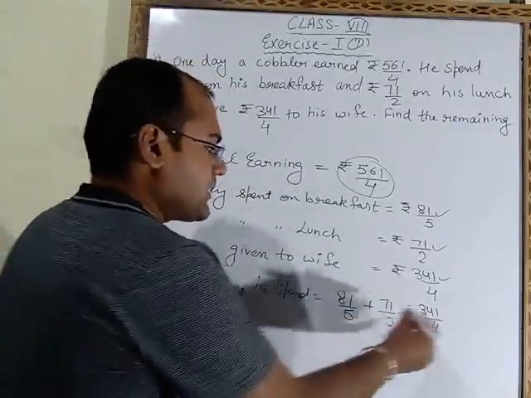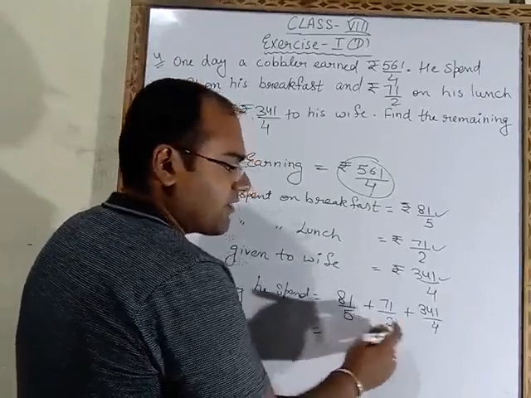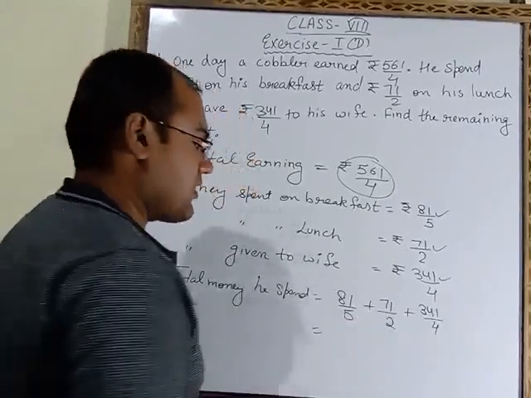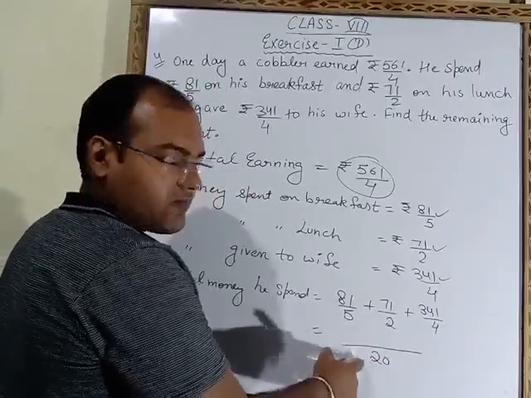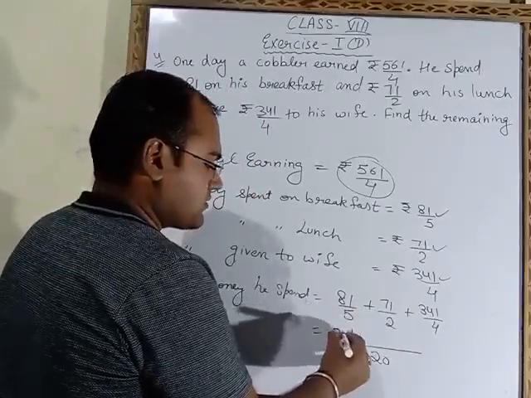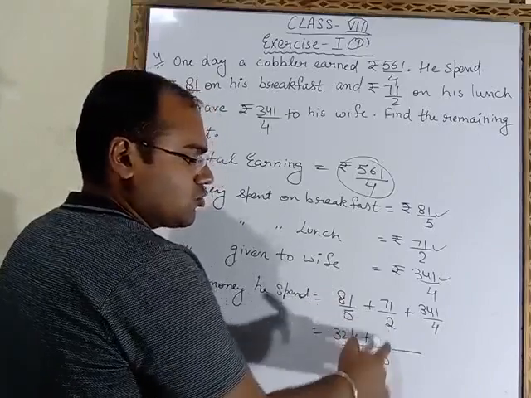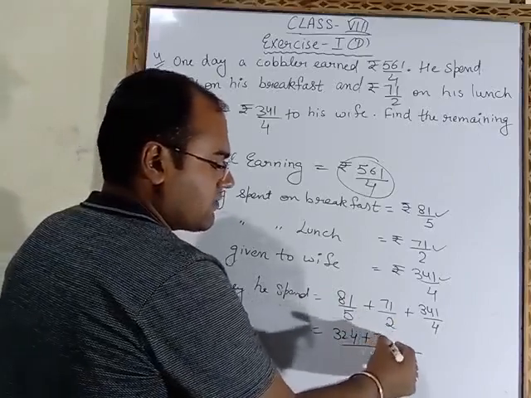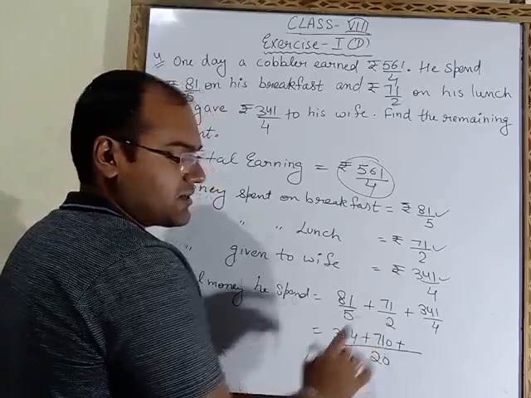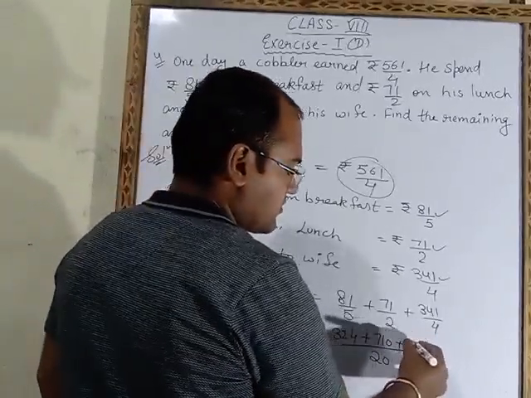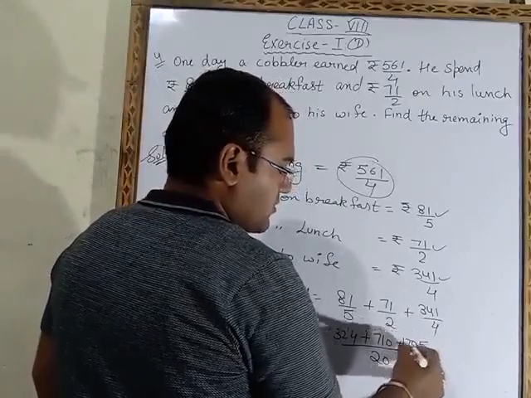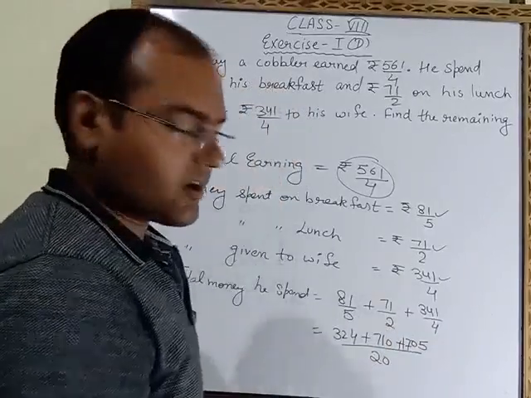Now what we will do? We will find the LCM of 5, 2 and 4. LCM of 5, 2 and 4 will be 20. 5 4s are 20, 4 into 81 is 324, plus 2 10s are 20, 10 into 71 will be 710, 4 5s are 20, 5 into 341 is 1705.